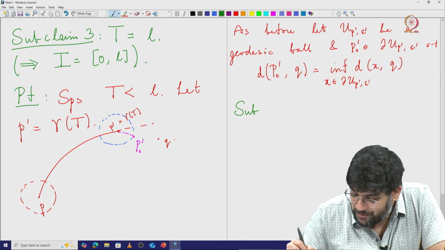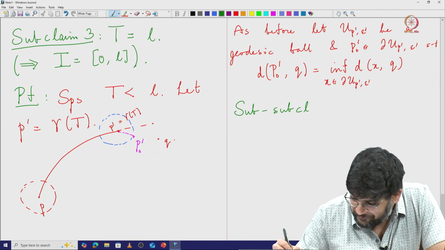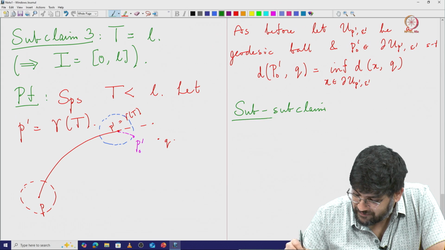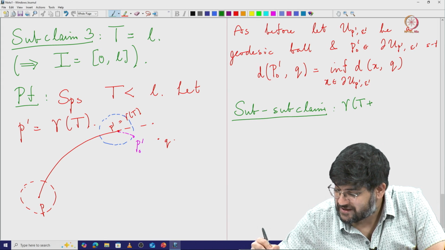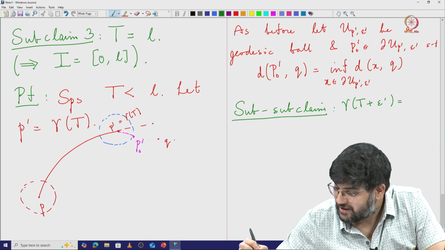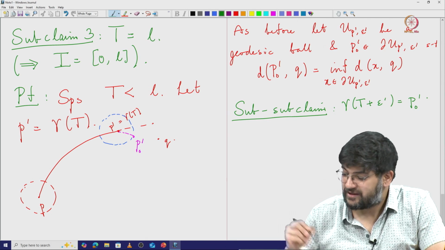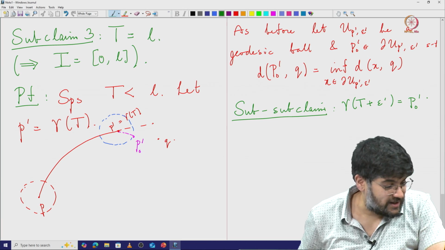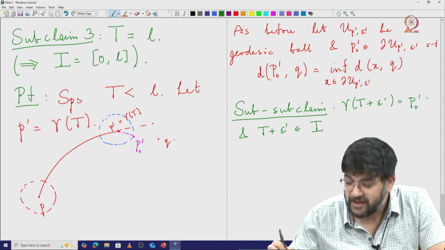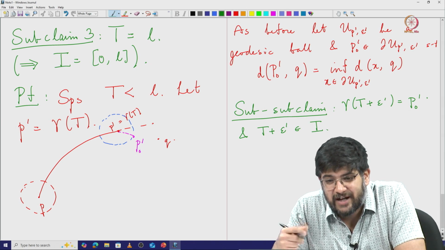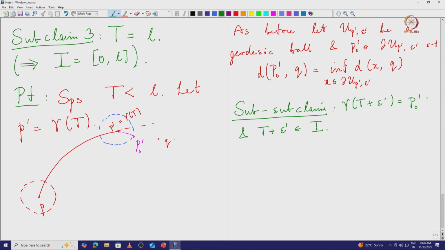So now my subclaim is that gamma of T plus epsilon prime is precisely P naught prime, and that T plus epsilon prime actually belongs to the interval. So that will contradict the fact that capital T is the supremum, and so then I'll be done. Okay, so why is this?